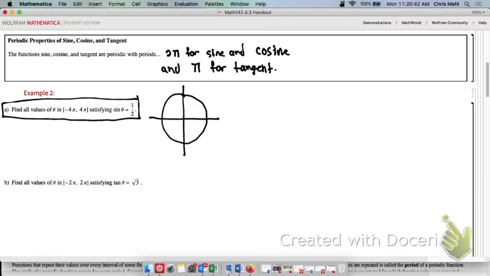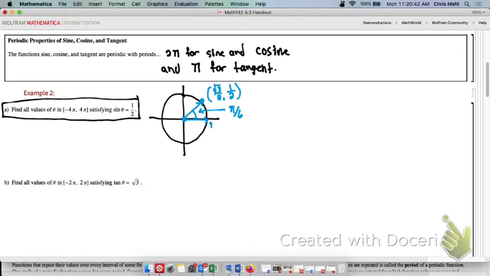Now, the first thing I want to notice is, here's an initial side of an angle. Here's the angle pi over 6. And we know the coordinates of that point right there. We know cosine of pi over 6 is root 3 over 2. We know sine of pi over 6 would be 1/2.